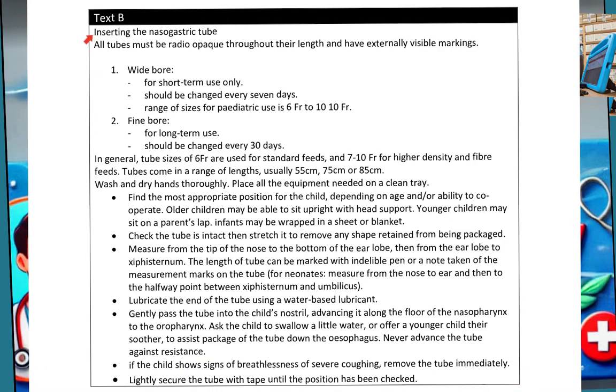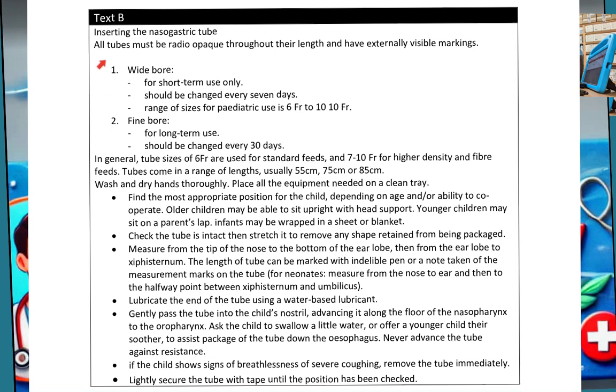Text B also contains inserting the nasogastric tube. If you look at it carefully, down here we have 1 and 2. Then we have bullets down here. So this is separate information, and this one too is separate information.